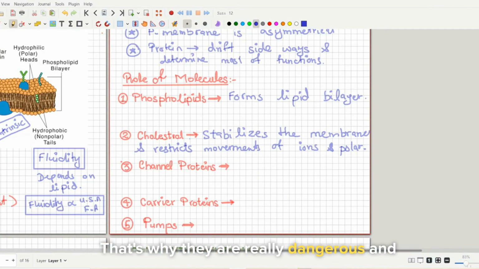That's why they are really dangerous, and there is a specific pathway for ions and polar molecules to pass through the cell membrane. They cannot just come to the front of the door and pass through. Cholesterol is like, stop man, don't come close to us, because you can react with the cell membrane and damage it. That's why cholesterol restricts the movement of ions and polar molecules.